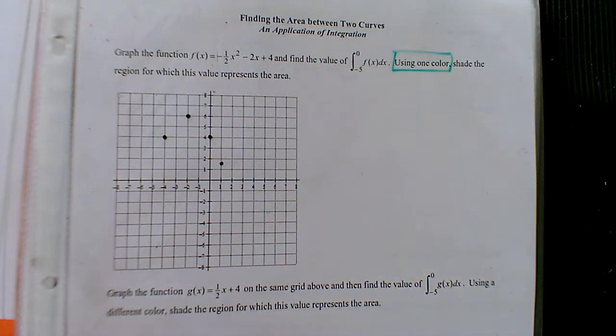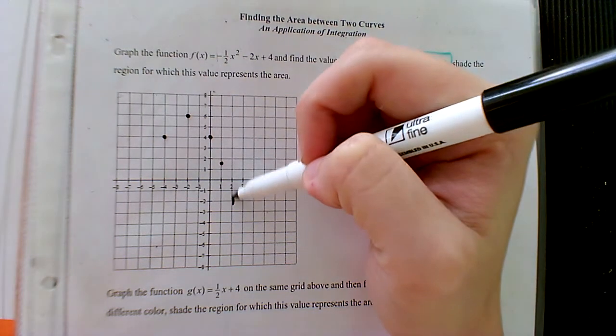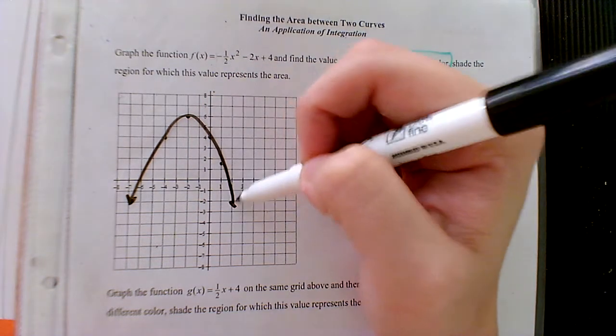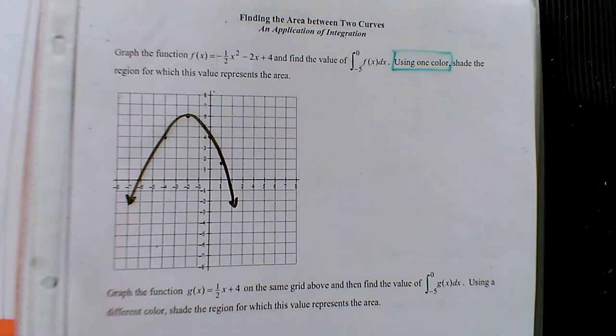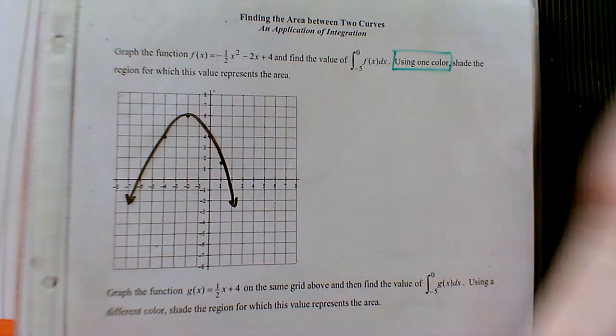Alright, it looks like we have a general shape of the upside down parabola to help us out, so maybe we'll go ahead and just connect those dots. Alright, so there's our upside down parabola. Let's go ahead and choose one of our colors. We're going to shade in the area that represents this integral from negative 5 to 0.